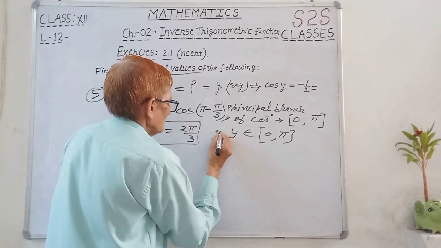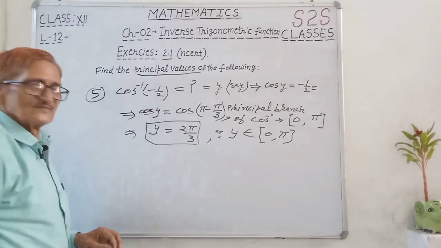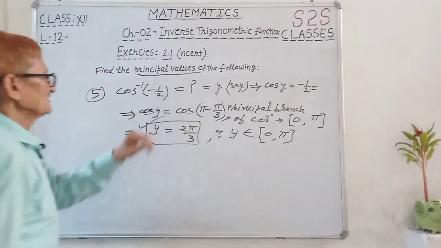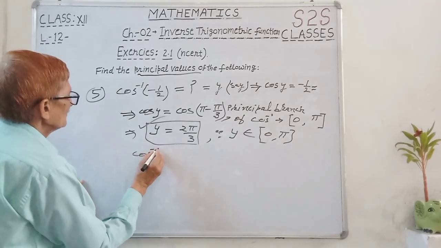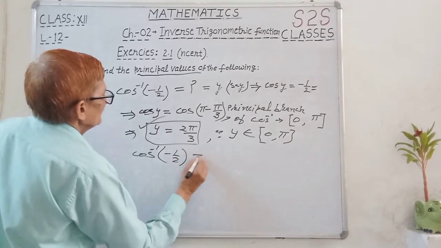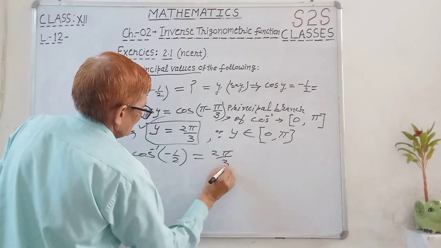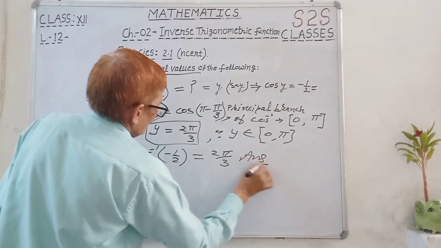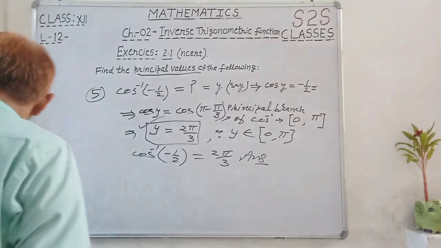Clear? Okay, now the answer is this. Hence cos inverse of minus half must be equal to 2 pi by 3. That is the answer. Okay, next question.